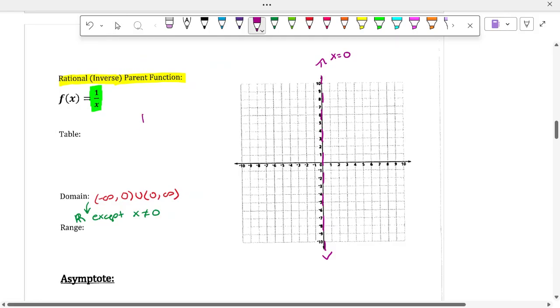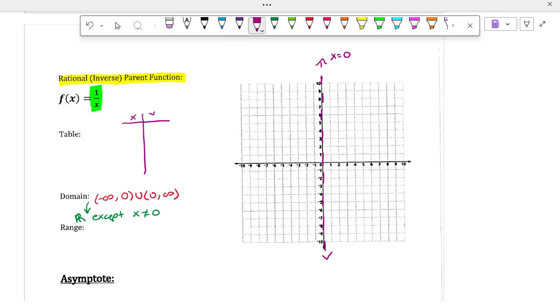Now, the way you would make a table is I would just get some numbers that are less than 0 and some numbers that are greater than 0, because at 0 it's undefined. All right, so we're going to get 2 above and 2 below. So I'm just going to do easy.